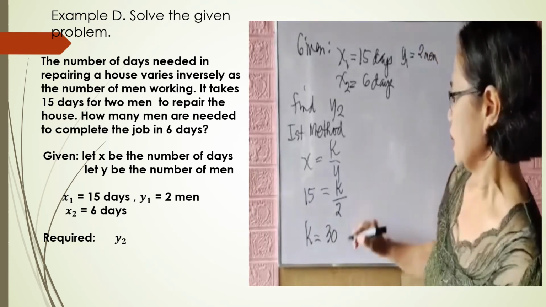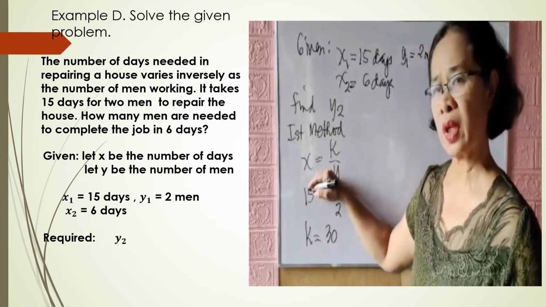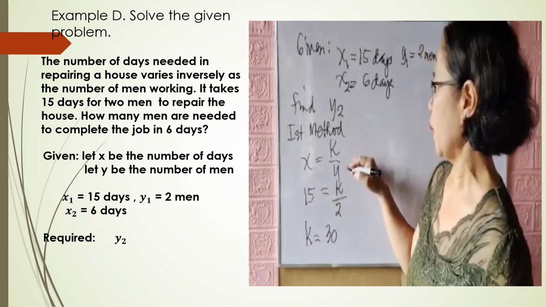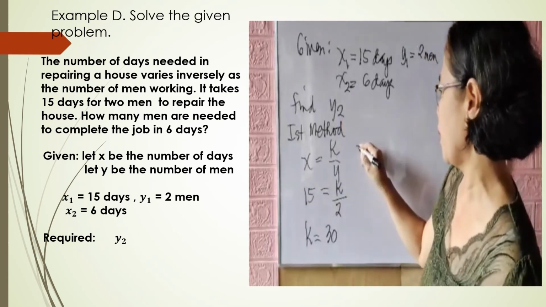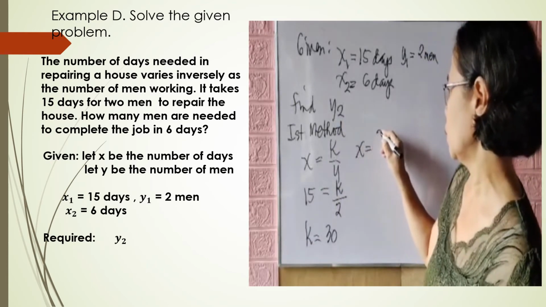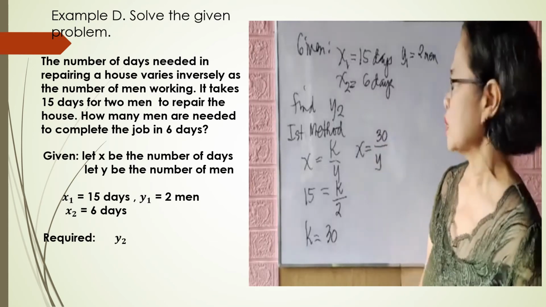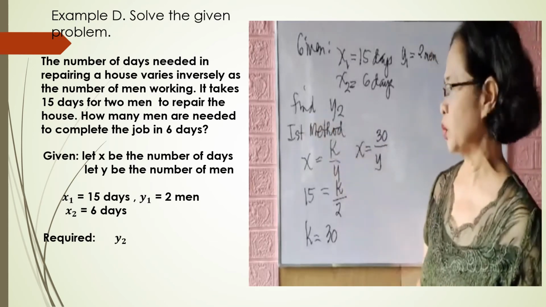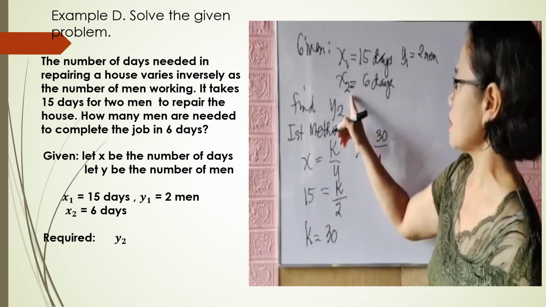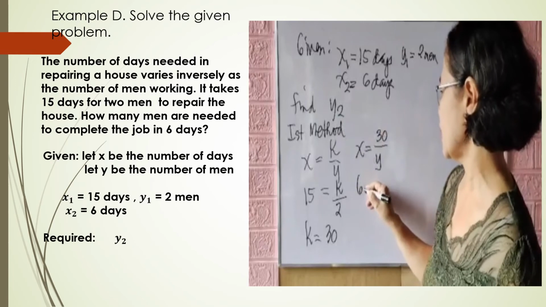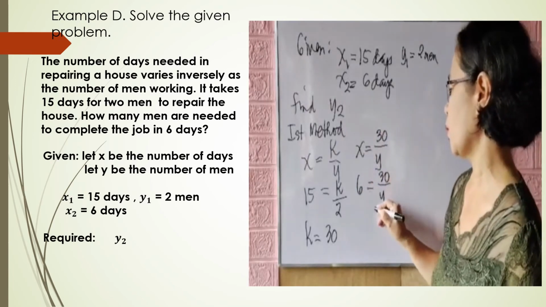Then substitute this value into this equation so that we can have the mathematical equation for this problem. So we have x is equal to 30 over y. Let us now solve for y sub 2. Substituting x sub 2, we have 6 days is equal to 30 over y.